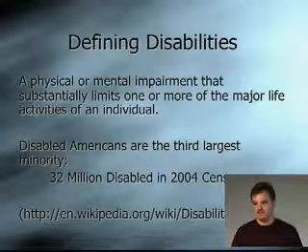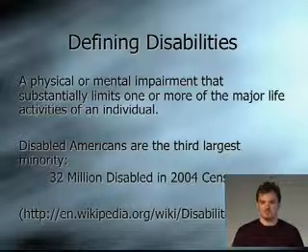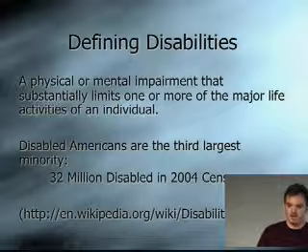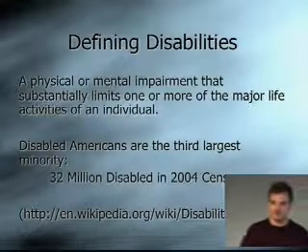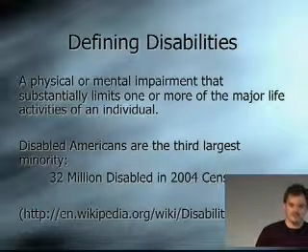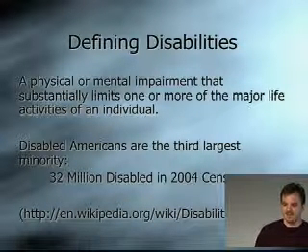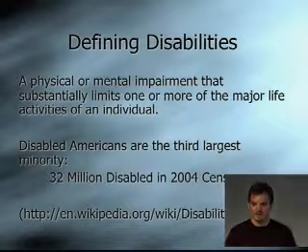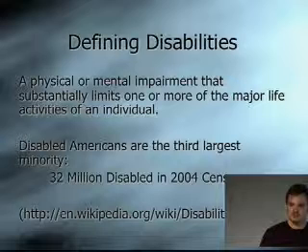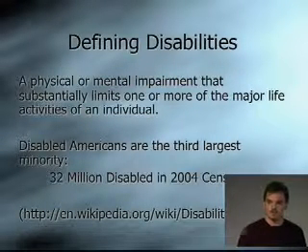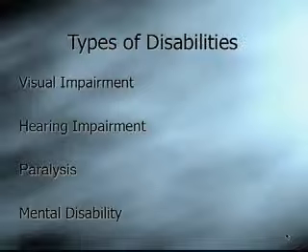Tasting isn't really affected by technology at this moment, although the military is actually working on ways of controlling interfaces using your tongue, so then it might actually be affected. But right now it's fine. And then there are also people who are immobilized, so they can't feel and they can't move around as much. And there are 32 million disabled people in the United States as of the 2004 census.